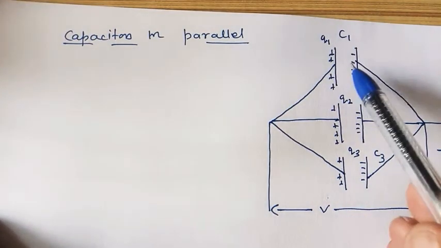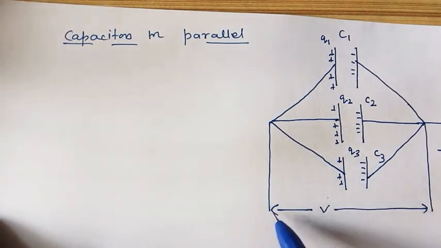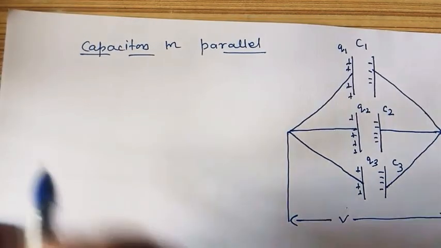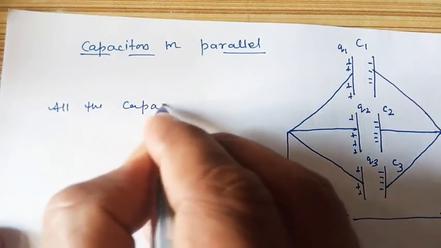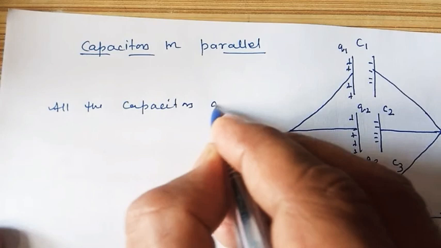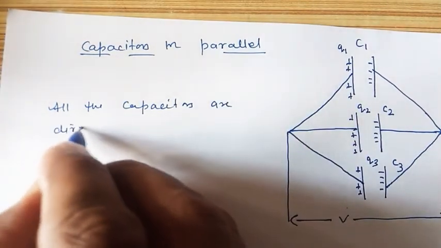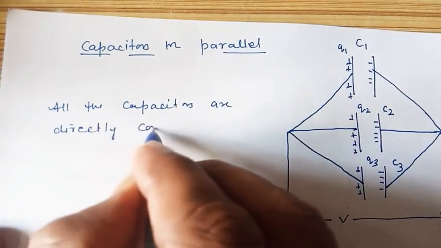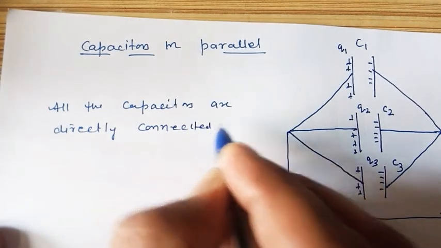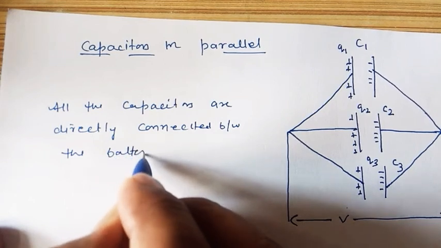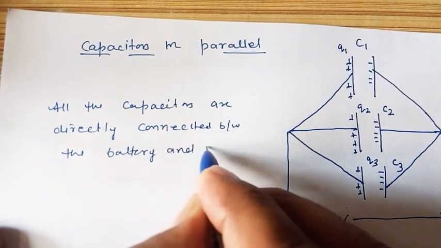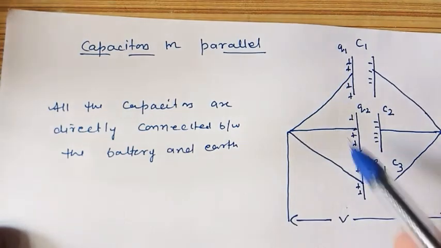So you can see all the capacitors are connected directly to the source of EMF. So all these have the same potential difference. All the capacitors are directly connected between the battery and earth.